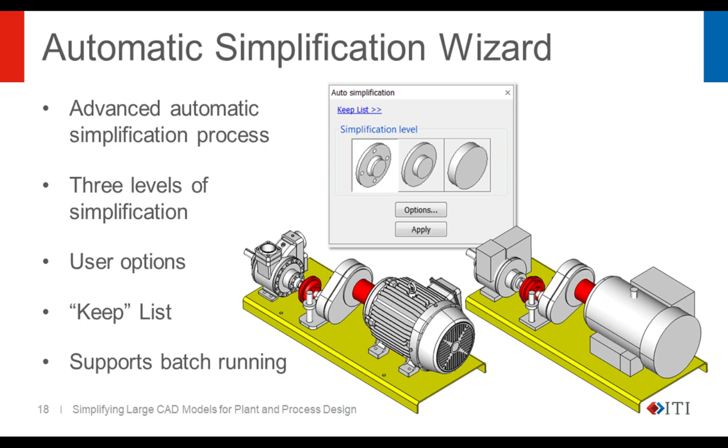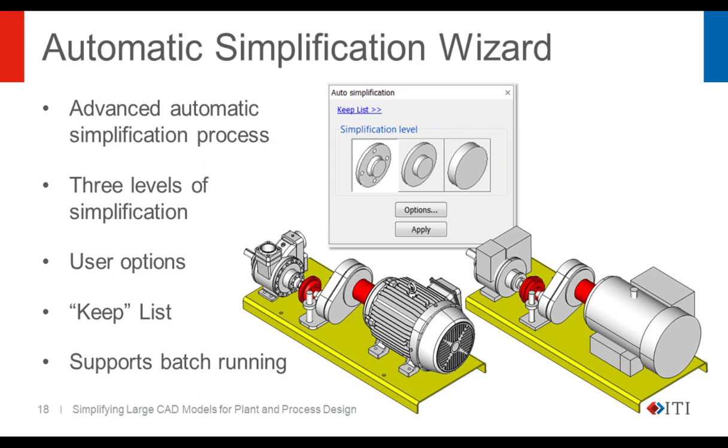It offers 3 levels of simplification, as shown by the 3 icons within the dialog box. So reasonable detail, medium, and very coarse level of detail. It offers user control with a series of options to say what processes, what do we want to simplify, what tolerances and sizes do we use.